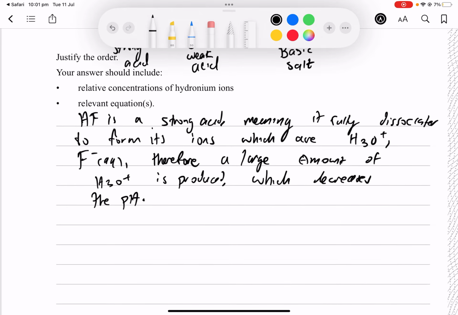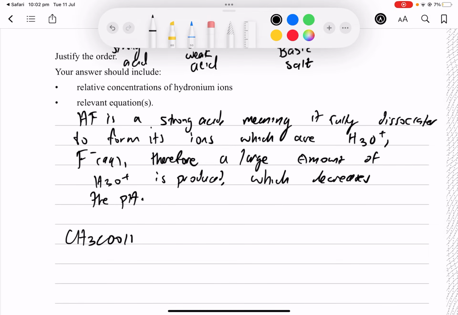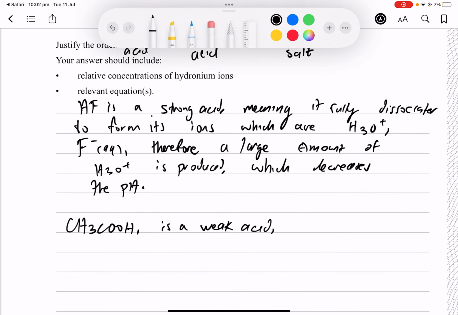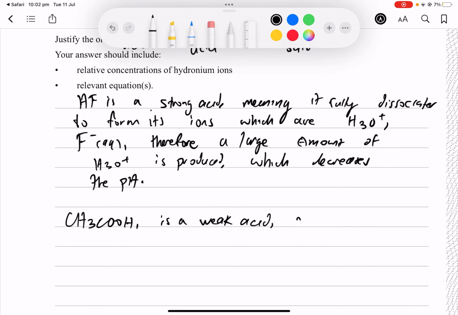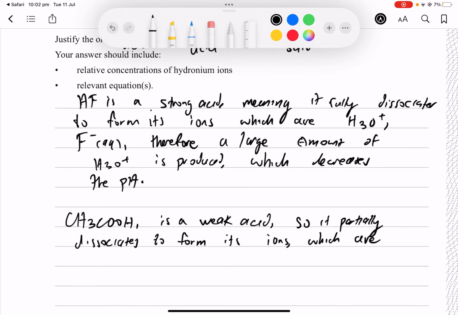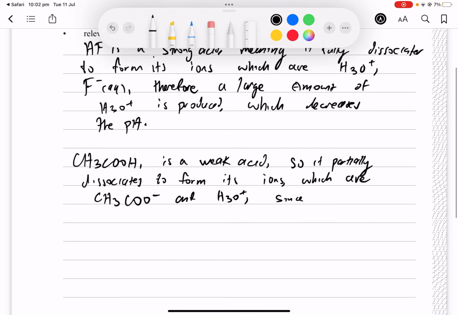And in terms of CH3COOH, that's going to be a weak acid. So CH3COOH is a weak acid. So in this case, it's going to partially dissociate to form its ions, which are CH3COO minus and hydronium.